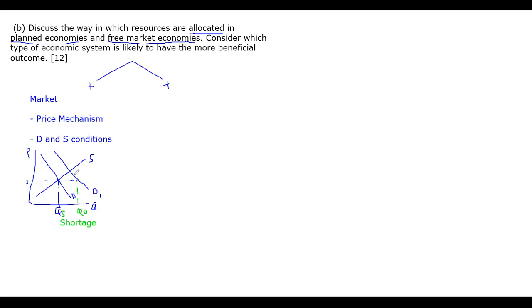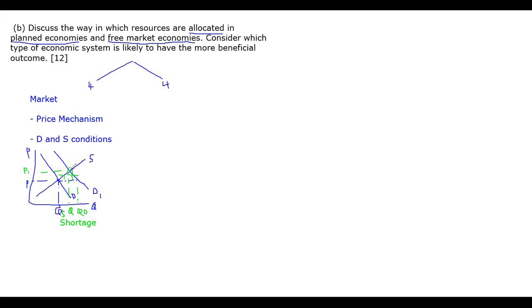What happens there is there's an upward pressure on price, and as price increases, as per the law of demand, the quantity demanded decreases, and as price increases, as per the law of supply, the quantity supplied increases, leading to your new particular price and new equilibrium quantity, which shows how resources are allocated to derive a particular quantity. This is your new equilibrium.